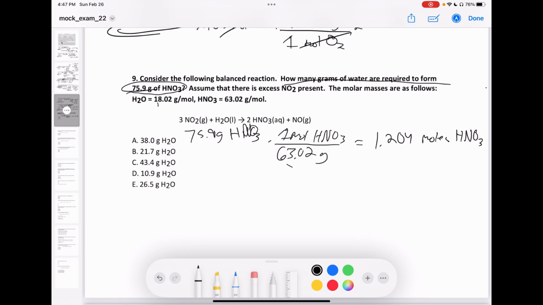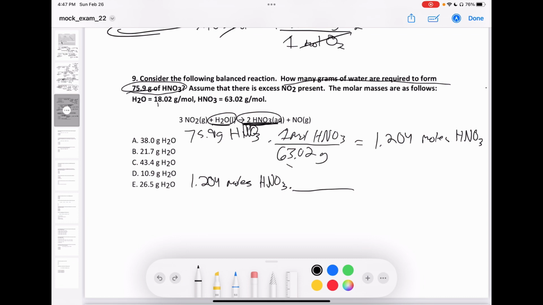Okay, and then just like the last problem, we'll look at the mole ratios. For every 2 moles of nitric acid that were formed, 1 mole of water was used. So we set up this 1.204 moles of HNO3, and we want to get rid of this HNO3 here.